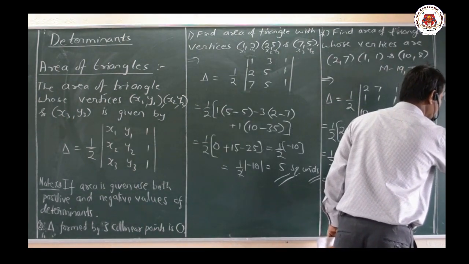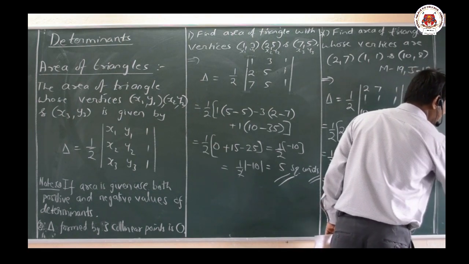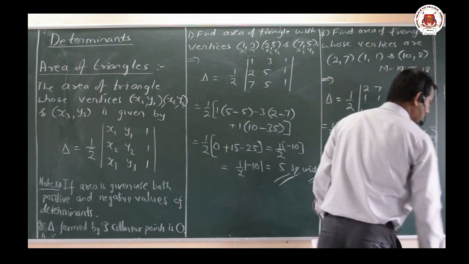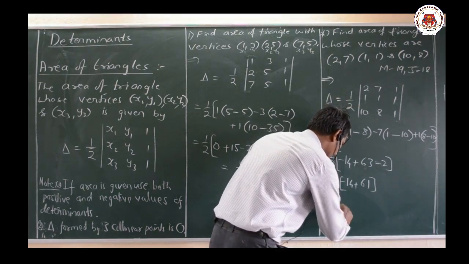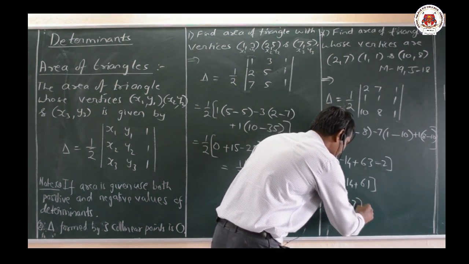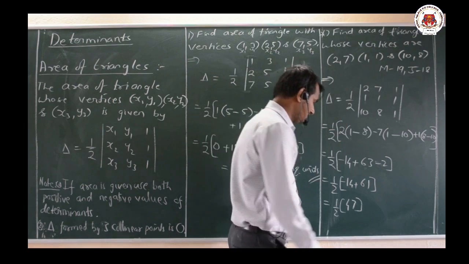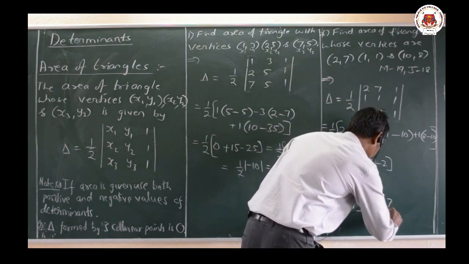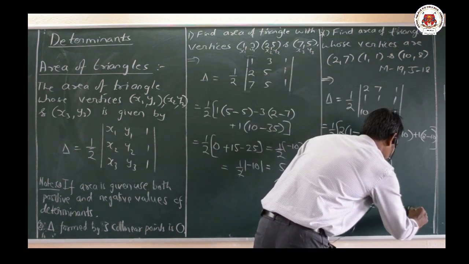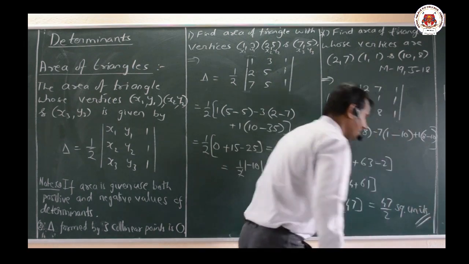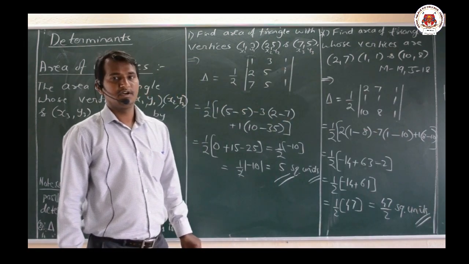That is 47, which is equal to 1 by 2 into 47. So therefore the final answer is 47 by 2 square units.